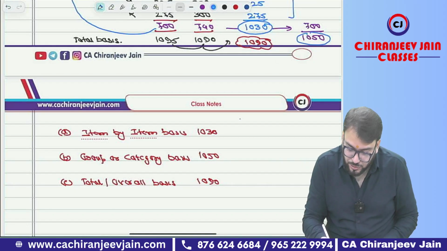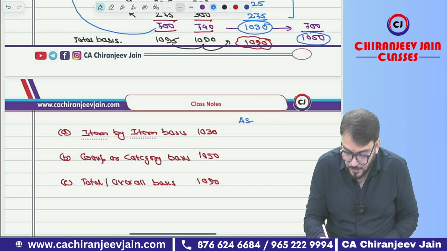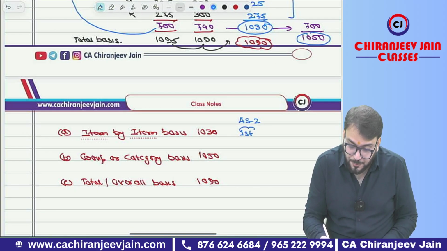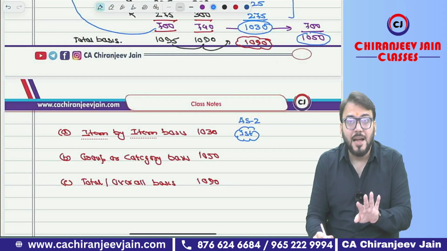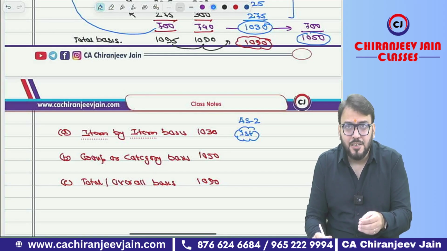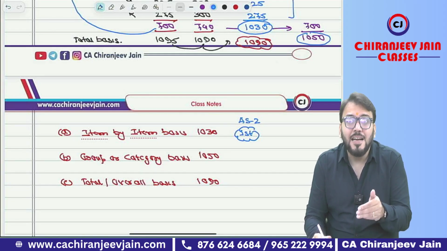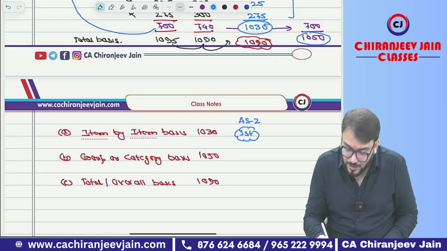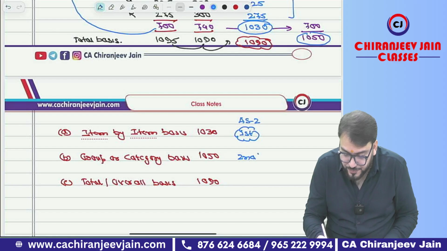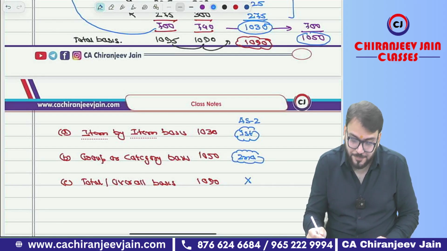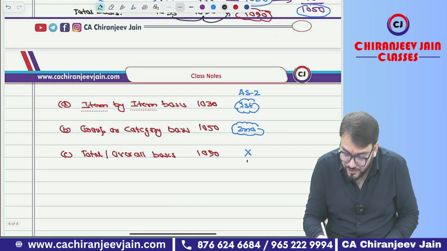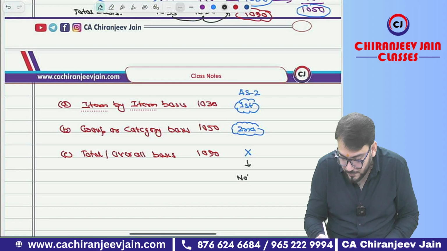So as per AS2, for this we will give first preference, item by item basis. But if you can't apply item by item basis, then you can also apply group basis, second preference. But overall basis is not acceptable.